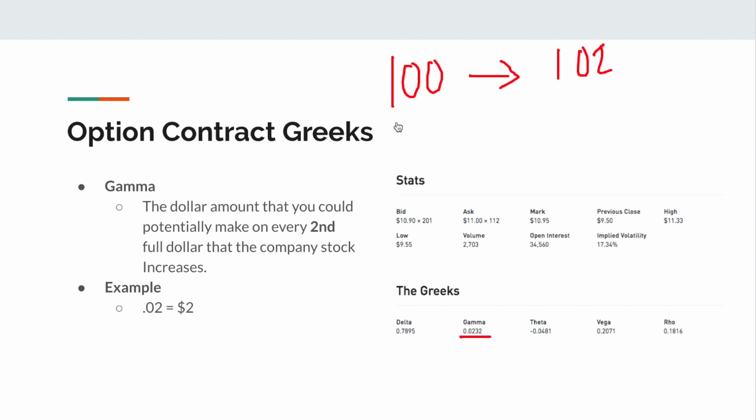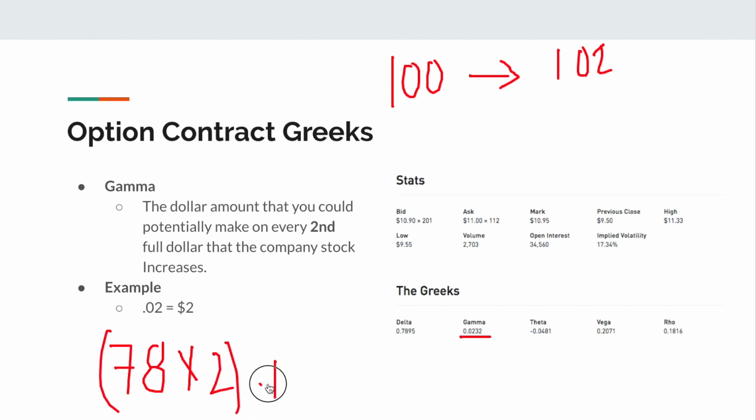So if a stock goes from 100 to 102, now you've gained delta because it's moved up $1, but it's moved up $2. So now you've gained delta times 2 plus gamma, which in this case, if you multiply it by 100, is $2.